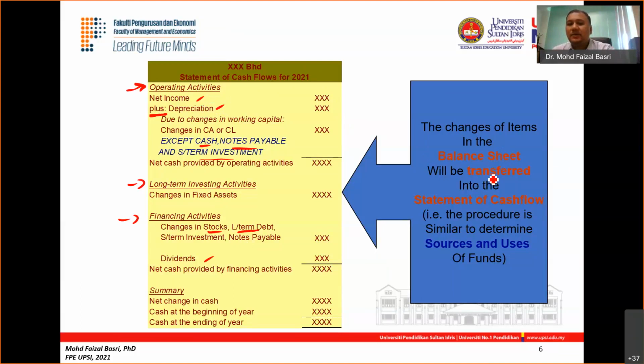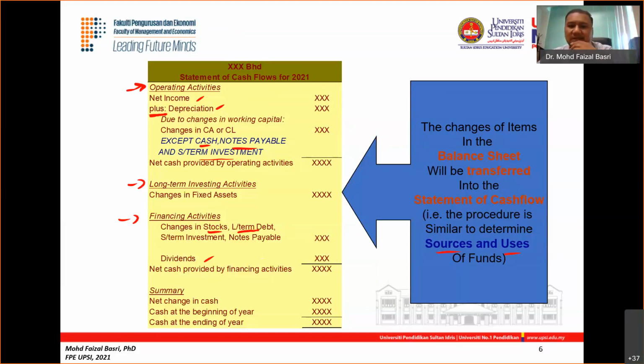And we will transfer according to these categories. However, how to label them? They state here, similar to determine the sources and uses. This is the one that we haven't done yet, the statement of sources and uses of funds. So what does it mean by sources and uses?